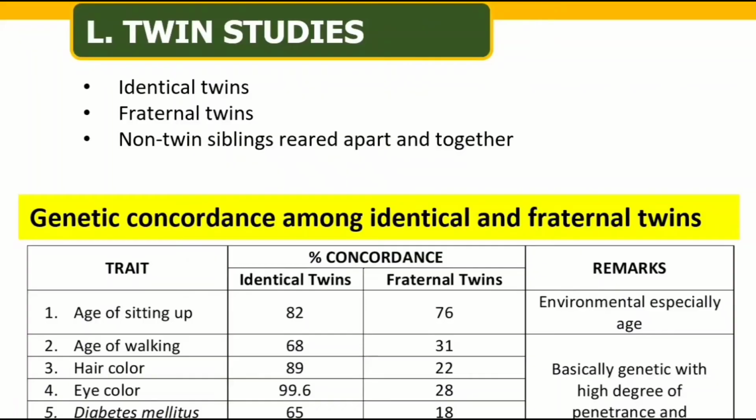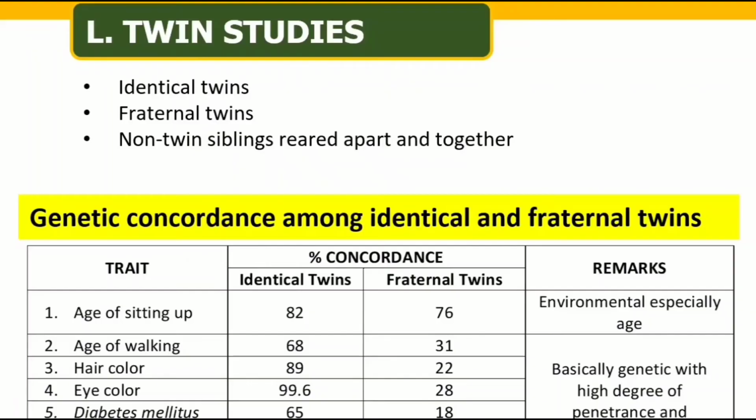On the other hand, if phenotypes are the same for both identical and fraternal twins, the environmental influence is greater than the influence of the genotype. And one of the ways to measure similarities and differences is to determine whether the character is present or absent in one or both members.